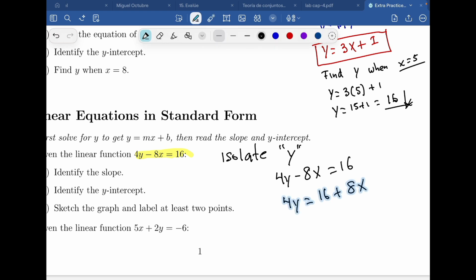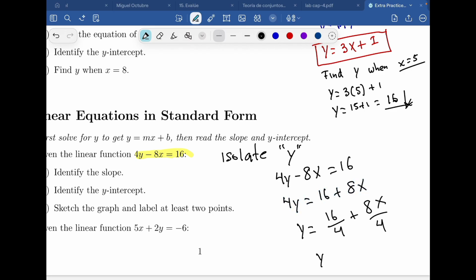Then this 4, we need to move it. Here it is multiplying, so the opposite operation is a division. So we have y equals 16 divided by 4 plus 8x divided by 4.